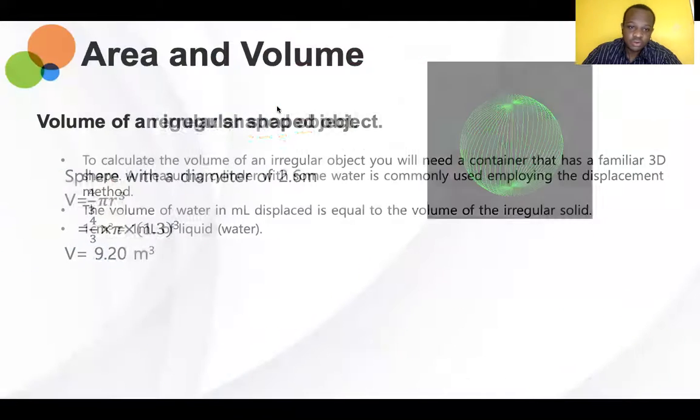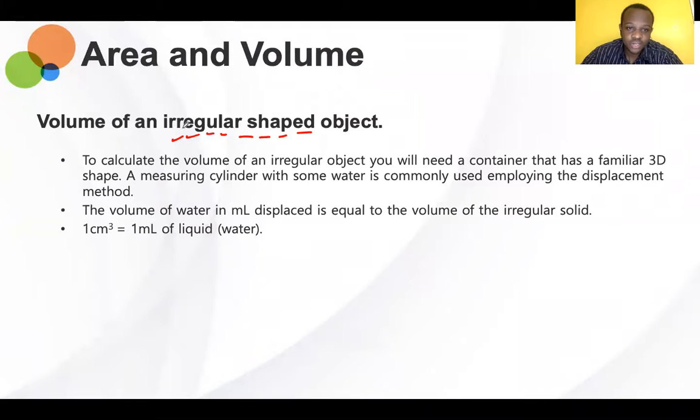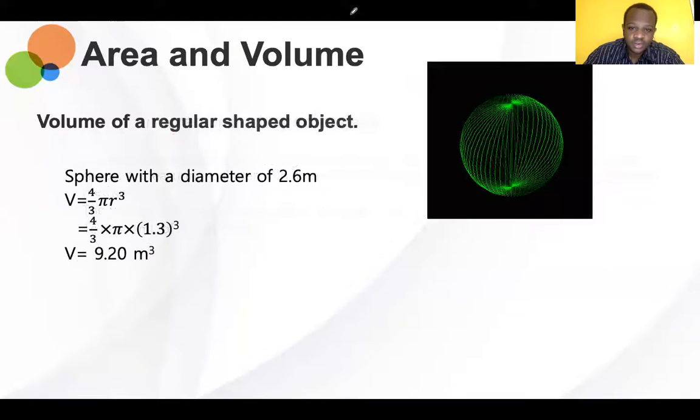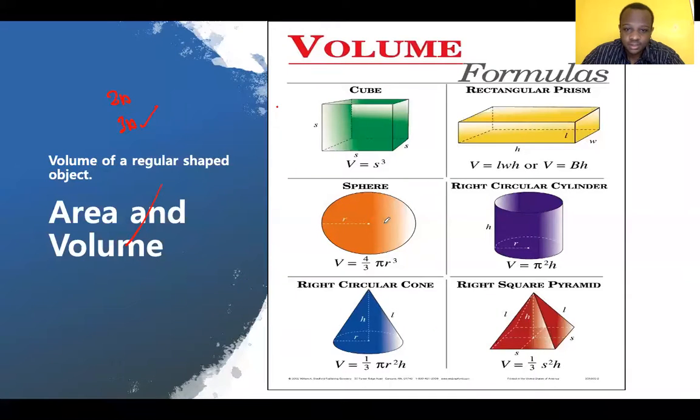So moving forward, say we want to calculate the volume of a stone. This stone here does not look like a cube, a prism or a sphere. A sphere looks more circular, but this looks like a stone.